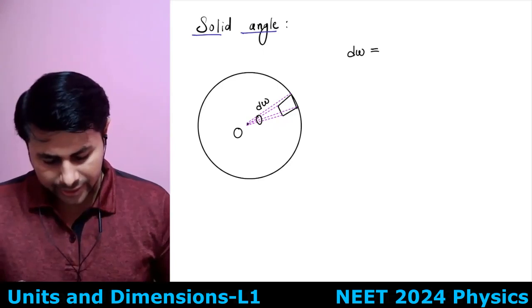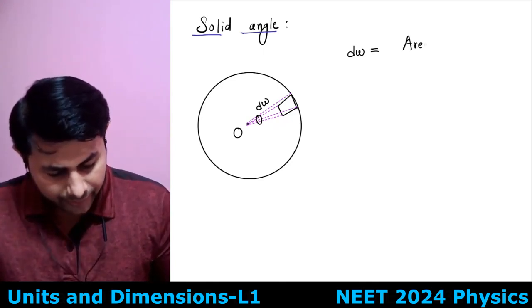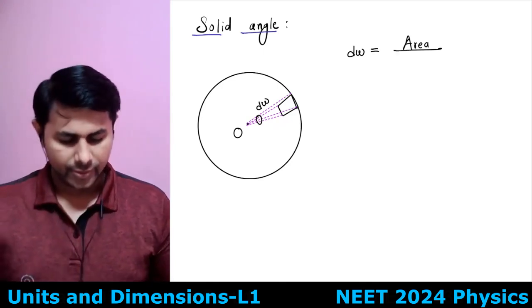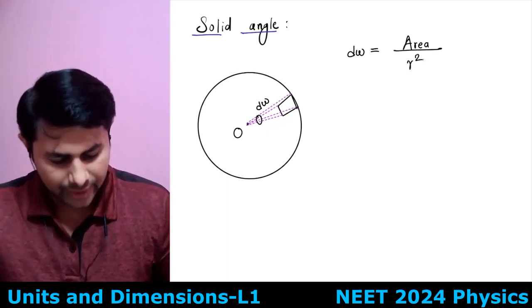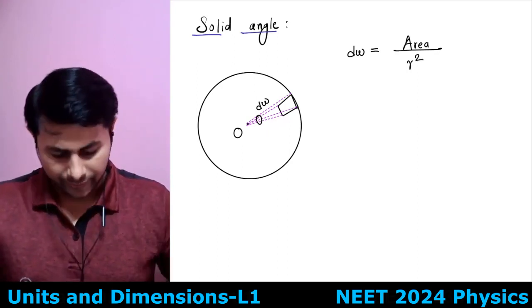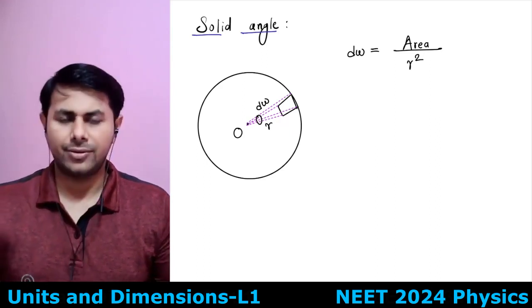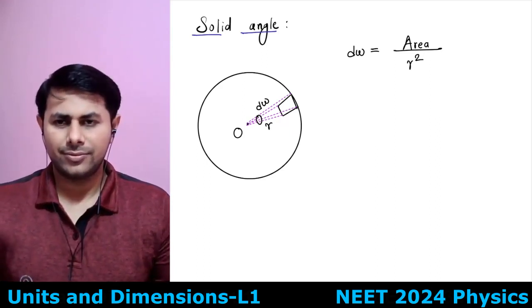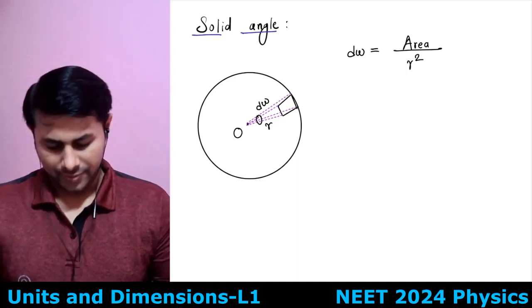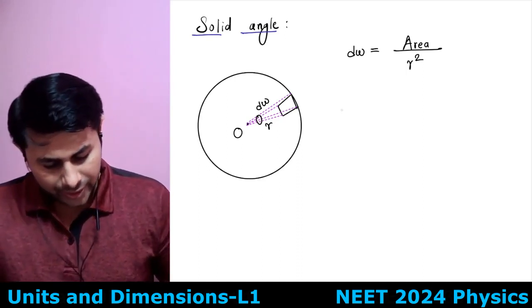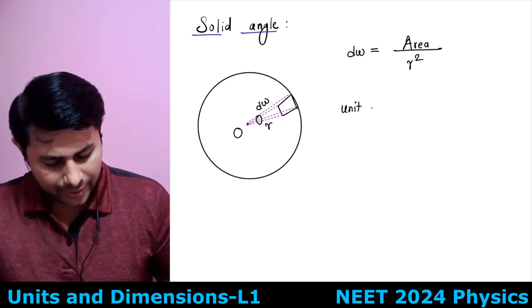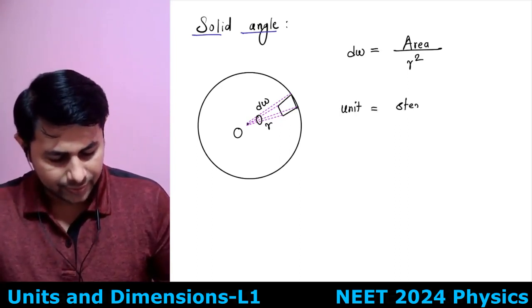Solid angle is defined as area divided by r square. What is r? R is the radius of the sphere. Got it? Yes, sir. And the unit of the solid angle is steradian.